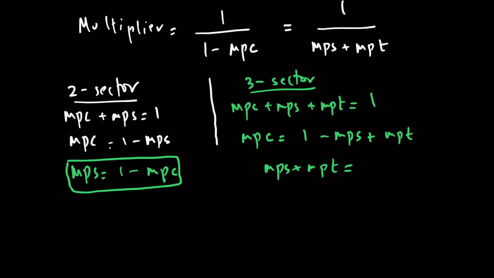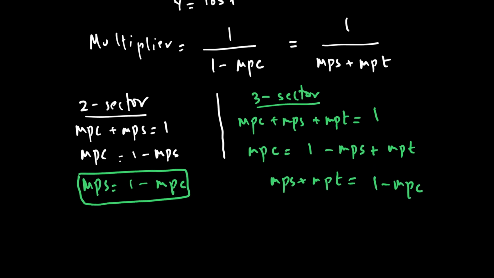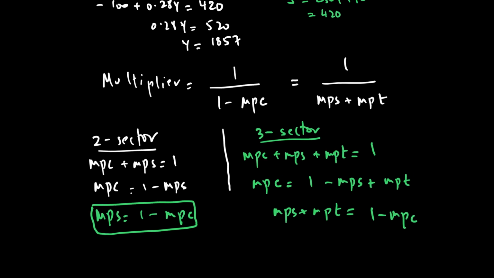1 minus MPC. So our two-sector multiplier was simply 1 over 1 minus MPC, which was MPS, so that was 5. But now I have 1 over 1 minus MPC, which is MPS plus MPT. So my new value of multiplier will be 1 over MPS is 0.18 plus MPT is 0.1.